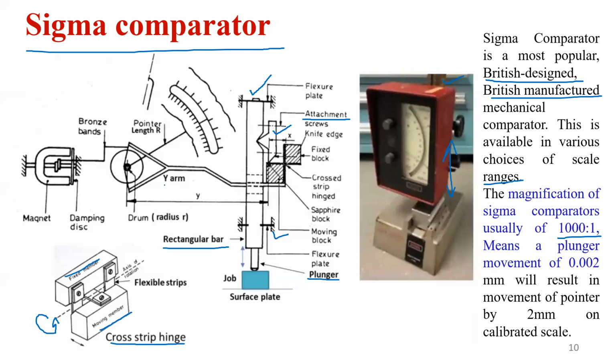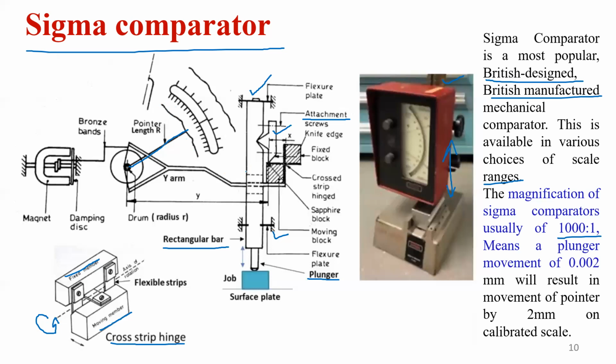The other end is connected to the driving drum by means of bronze bands. On the driving drum spindle, a pointer is also mounted. This pointer moves on the calibrated scale.